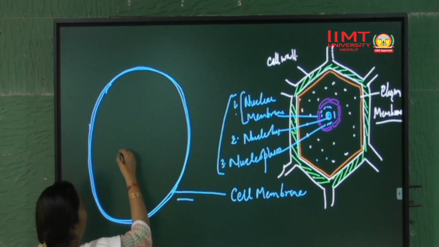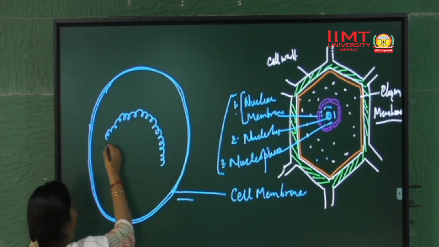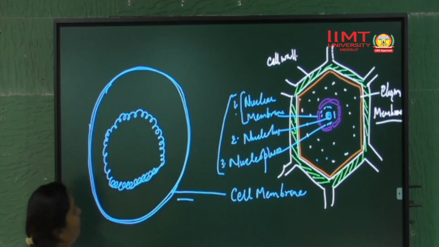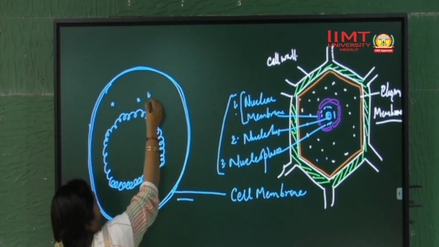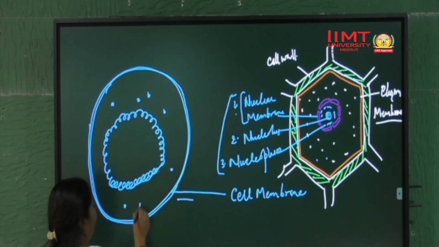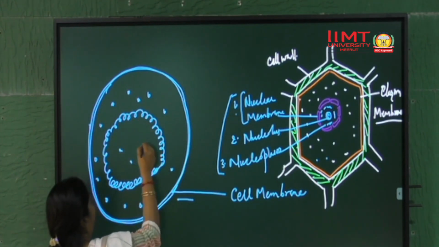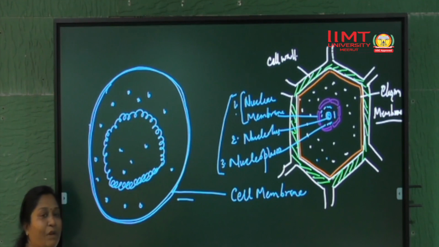So in these prokaryotic cells, the nucleic acid or the genetic material will be found in the form of a circular loop, and all the cell organelles are found to be absent. No mitochondria, no chloroplast, no endoplasmic reticulum, nothing would be present here. So only genetic material will be present in the form of either DNA or RNA in the case of viruses, but if we are drawing the bacterial cell, then DNA and RNA both will be present.